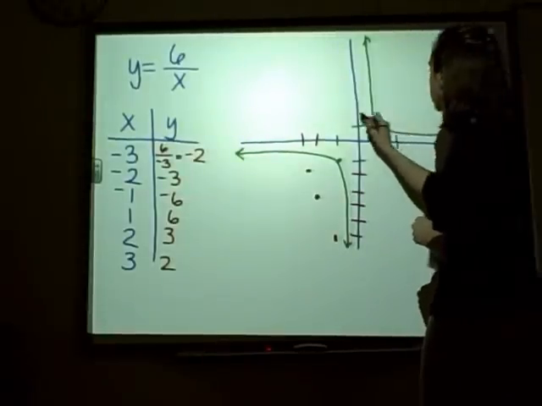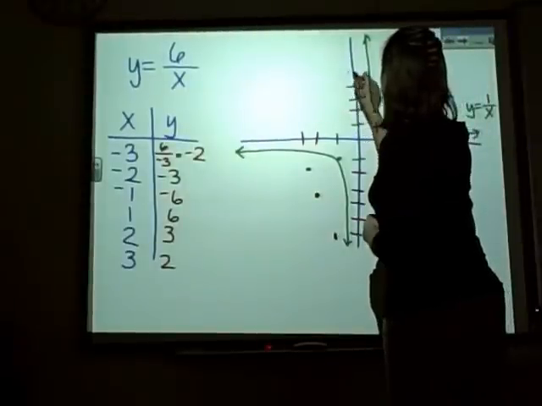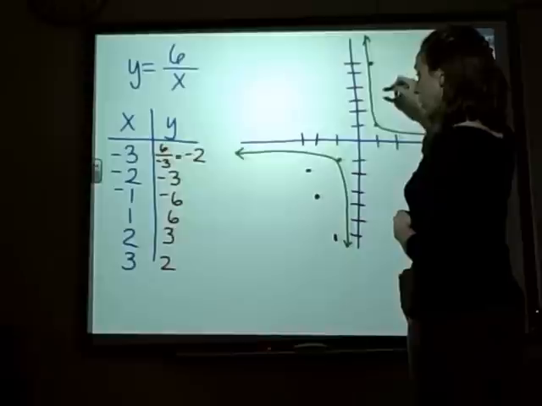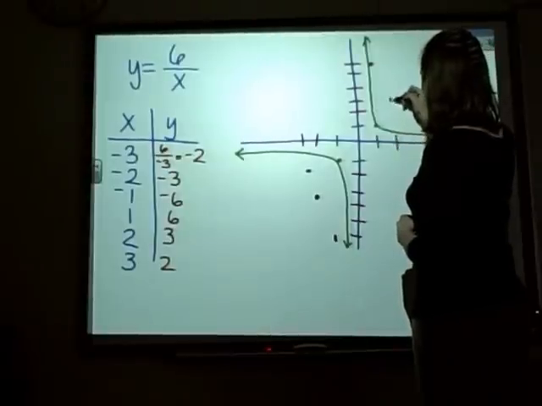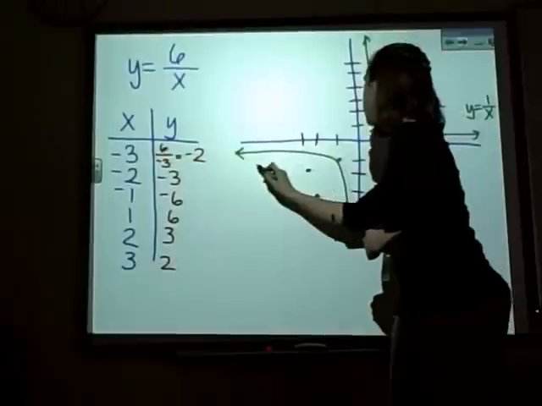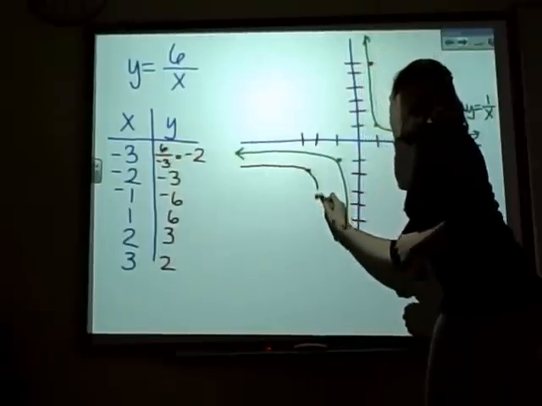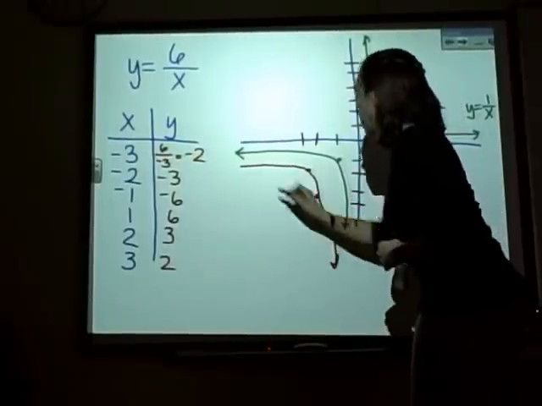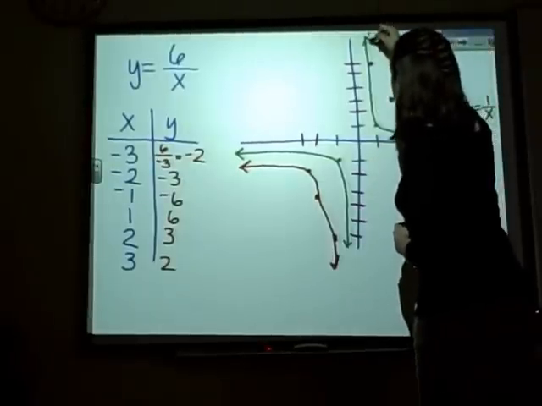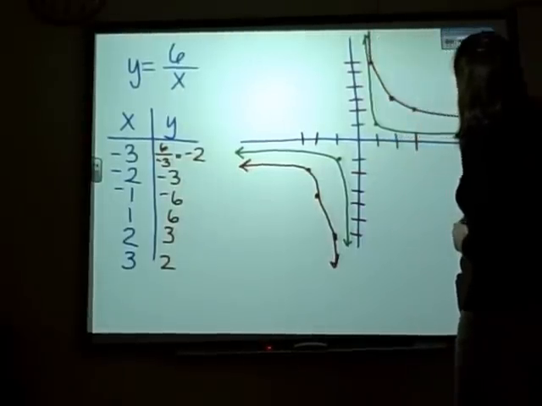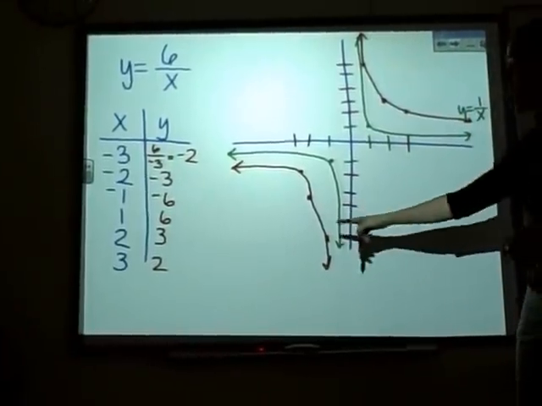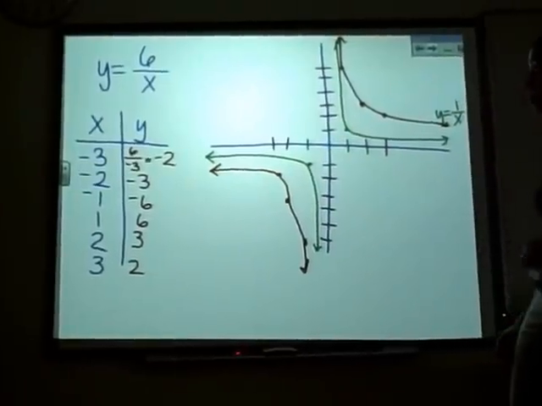Then we get (1, 6), (2, 3), (3, 2). So we're going to fill in our points there. I wish I made a better looking graph. You can get a really nice graph on that calculator. Okay, so there's my graph in the red of y equals 6 divided by x.